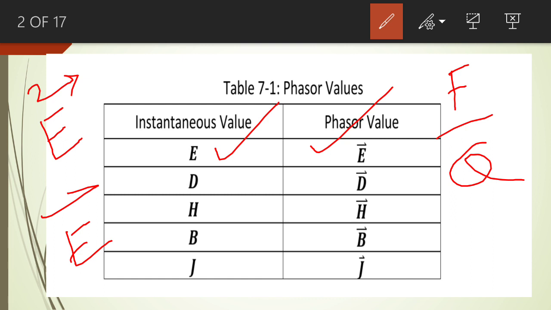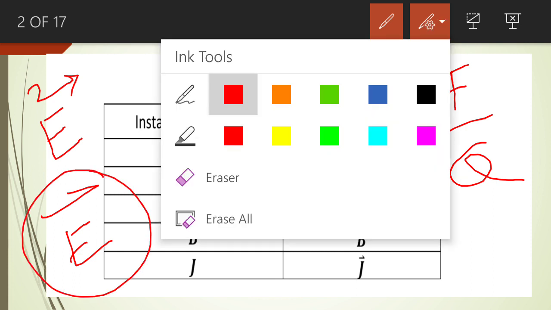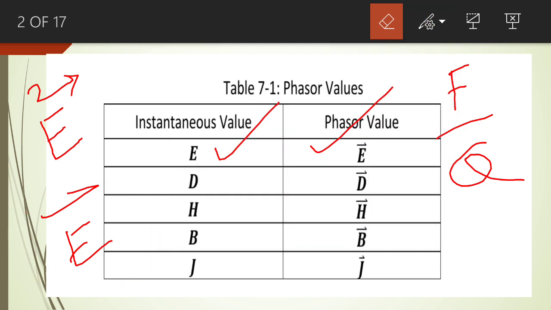Anyhow, different symbols are used for the representation of the phasor quantities in different books. I will use this particular notation. So we know how to represent the instantaneous value of the electric field intensity and the phasor value of the electric field intensity.